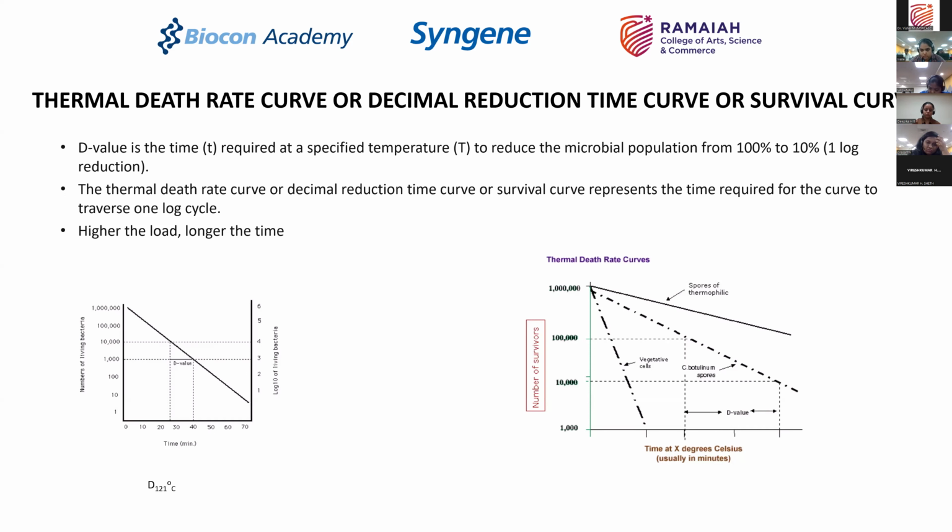So is this concept clear of what a D value is? Because this is important: at a given temperature, when you achieve one log reduction, or a 90% reduction in the bacterial load, that is called a D value, and it is always expressed in time. Okay, clear?